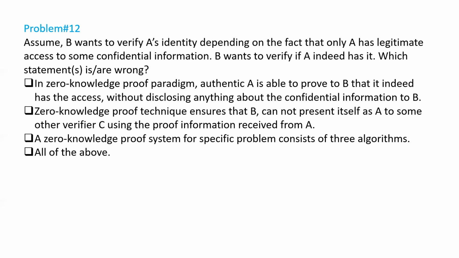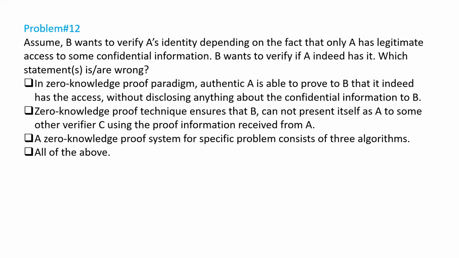But there can be a case where the verifier is corrupted. Then what happens is that if the prover discloses part of the confidential information as proof, saying look, I have indeed access to the confidential information, then the verifier makes use of that confidential information itself.